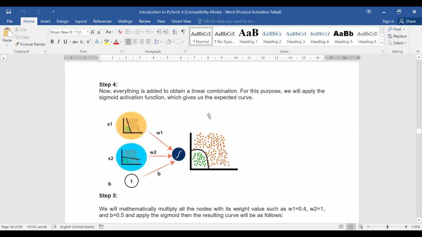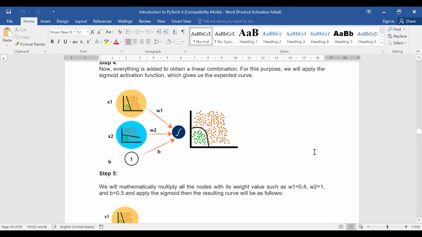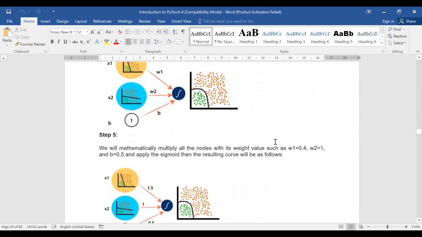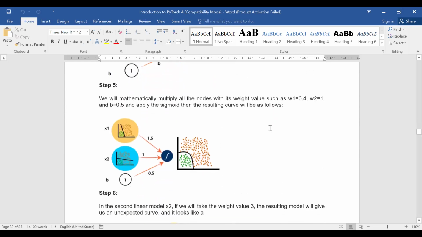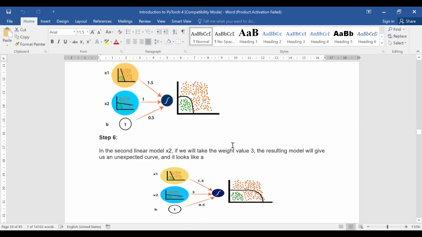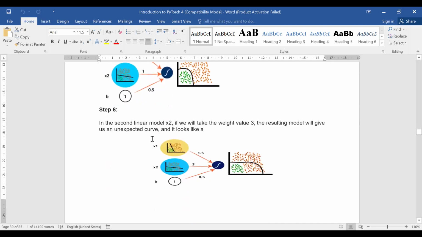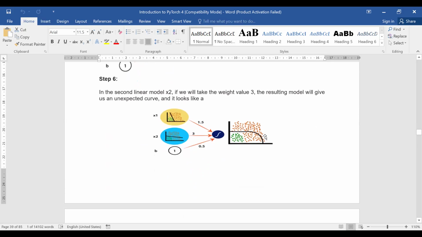Similarly, in the fourth step, when we have x1 value, x2 value, and w1, w2, we will apply a sigmoid formula. What is the sigmoid formula? It's a formula to obtain the result. I will show you that also in the practical. See here, sigmoid. And in this way, we extract this data first of all.